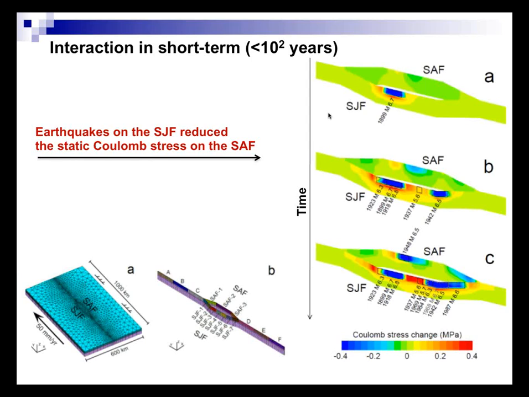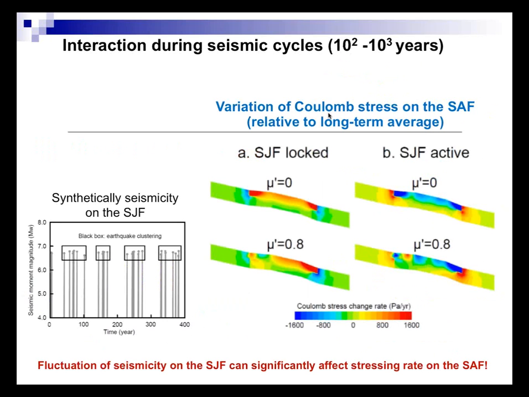Well, this is only one process working here. Another process is that we have two faults here that collectively accommodate the plate motion. While one fault is ruptured a lot, the other can be easier. While another fault is locked, the other fault will be loading.